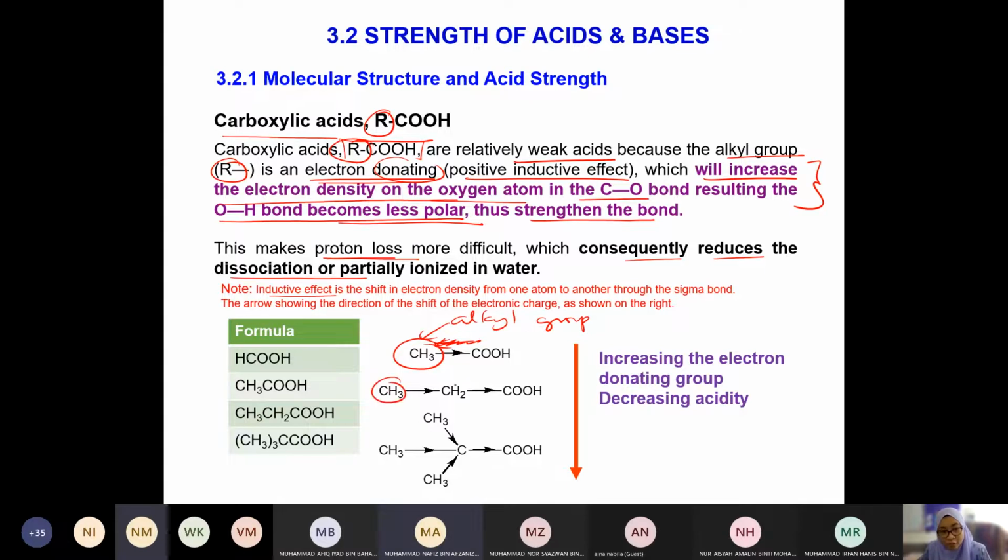Imagine if you have more or a bulky group of R or alkyl group, the inductive effect will be even larger. This is considered a bulky group, so everybody wants to donate that inductive effect to this OH specifically. This causes the bond to become even stronger, and at the same time decreases the acidity.